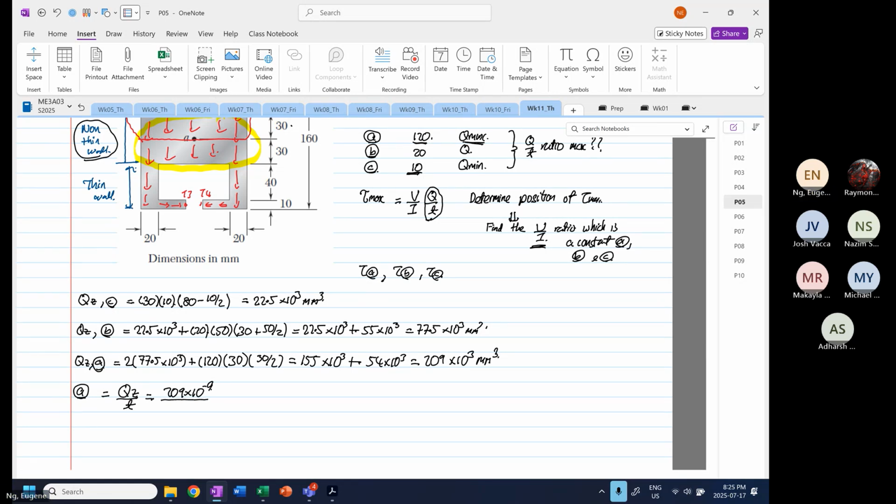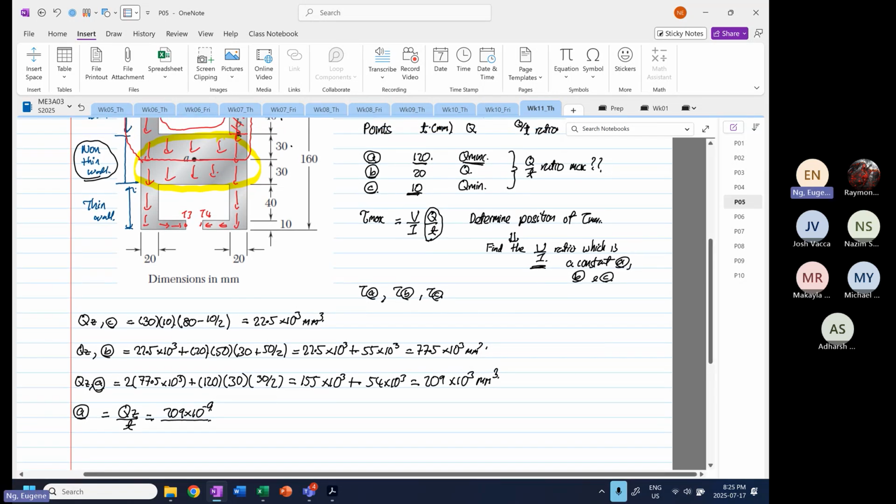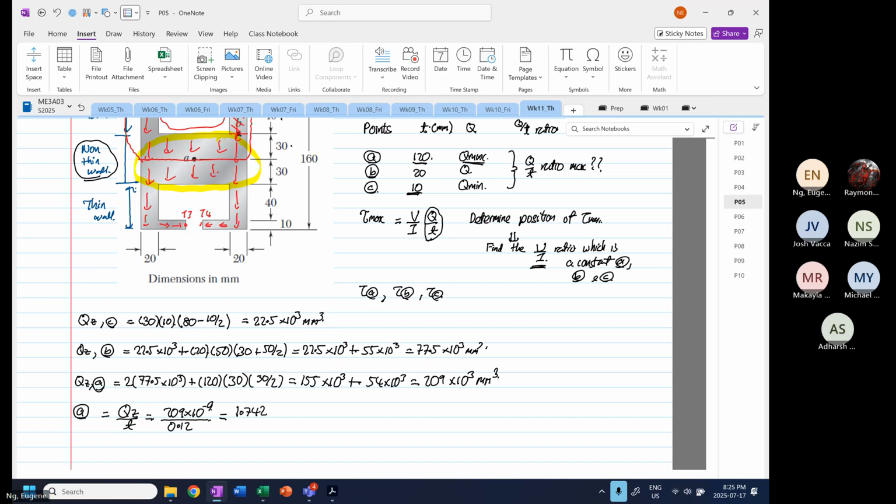Divide by the thickness at point A, which is 0.12. So this will be equal to 209 power minus 9 divided by 0.12, which is equal to 1.741. Wait, let me see. Yeah, 1.742 times 10 to the power minus 6.